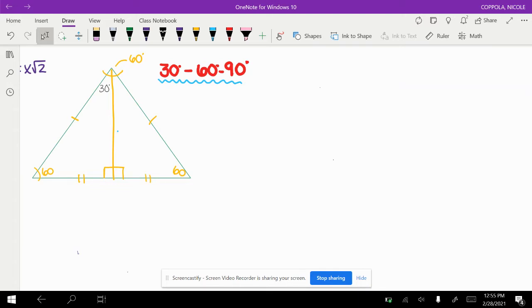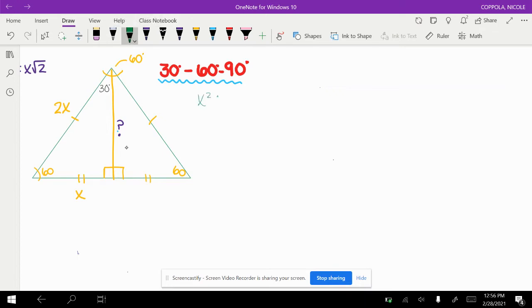To show you the relationship between the sides, I will call the side opposite the 30 x. And because this is equilateral, this hypotenuse would be 2x. What we're going to be looking for is this length opposite the 60. And so here I go. I will do the Pythagorean theorem.